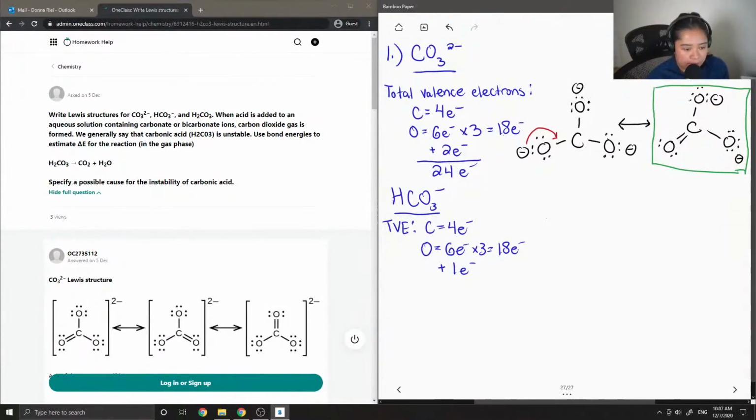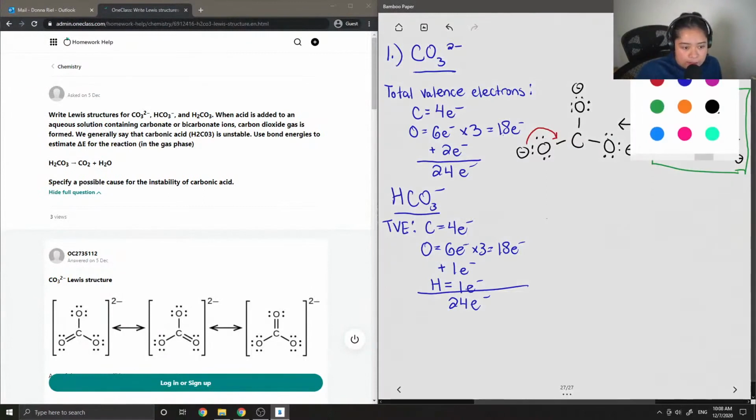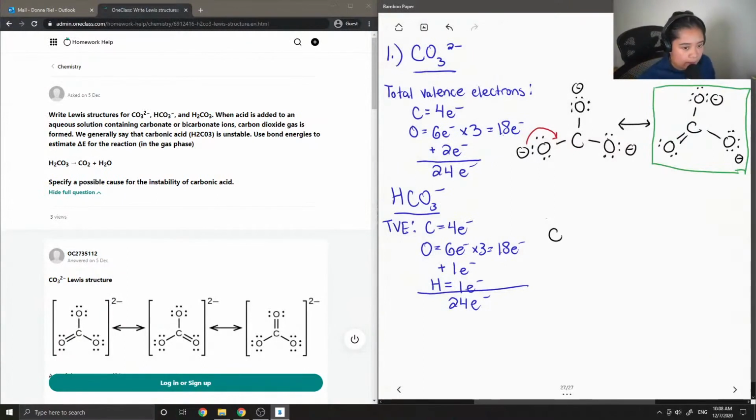And I also need to write that there is a hydrogen, which has 1 valence electron as well. So this will also give us a total of 24 valence electrons. This is pretty similar to our first ion, which makes sense because it just has a proton added.